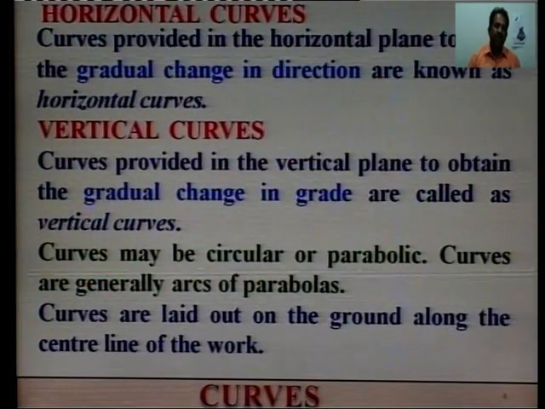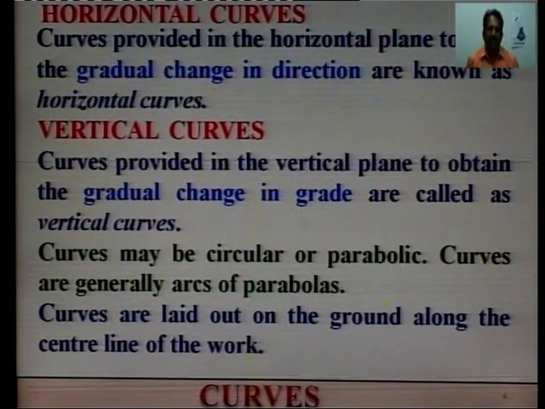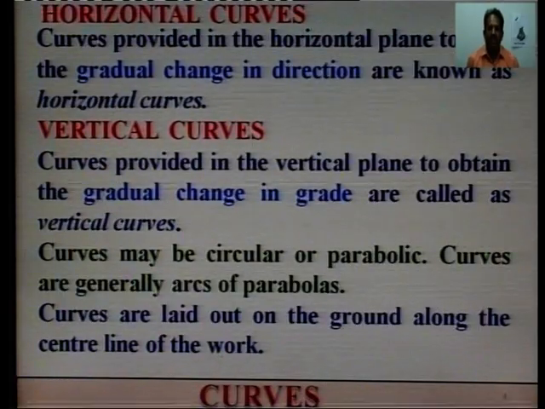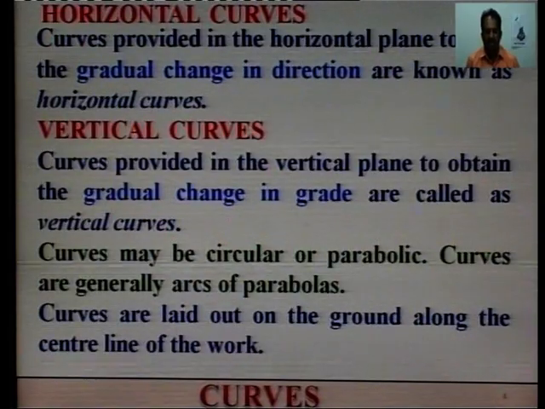So, curves are of two types, one is horizontal curves and another is vertical curves. What are horizontal curves? Curves provided in the horizontal plane to have a gradual change in direction are called horizontal curves.